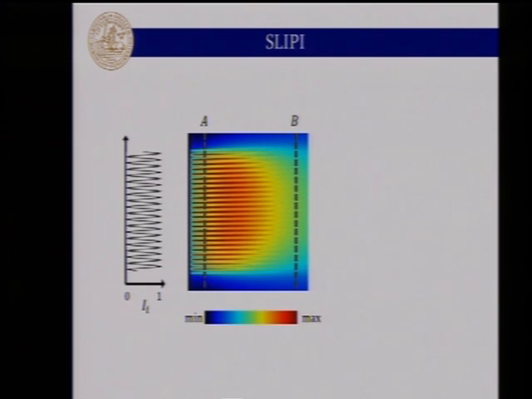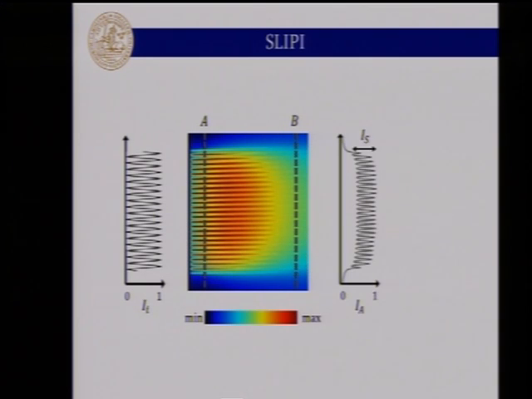And then we have this image from the side, and we will look first at this distance, A. And what we can observe is that the amplitude of the modulation has reduced as compared to at the entrance. And if you look further, you can suspect that it will reduce even more. And this is what we have in B. So you have a reduction of the amplitude of the modulation.